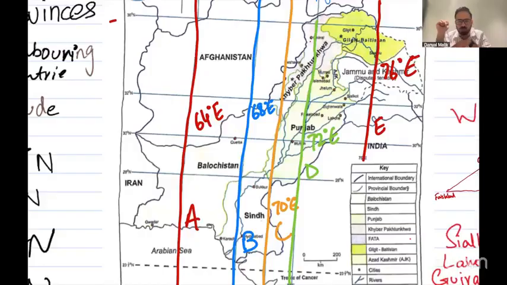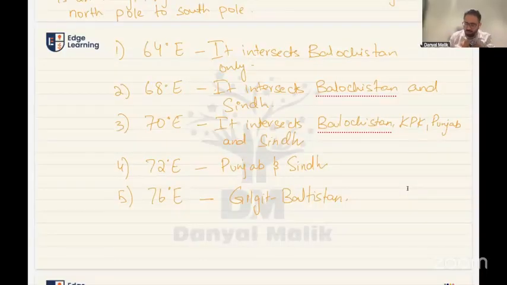Rameshwar, if you see, 72 is passing through KPK and then Punjab. I wrote it wrong here. Yes, 72 is KPK and Punjab.